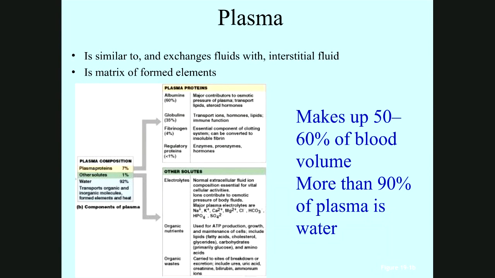The albumin is the major contributor to the osmotic pressure of the plasma, and transports lipids, steroids, and hormones. Globulin transports iron, hormones, lipids, and has immune functions. One percent of the plasma represents other solutes such as electrolytes, calcium, magnesium, chloride, carbonate, bicarbonate, phosphate, or some organic nutrients that are used to form ATP.